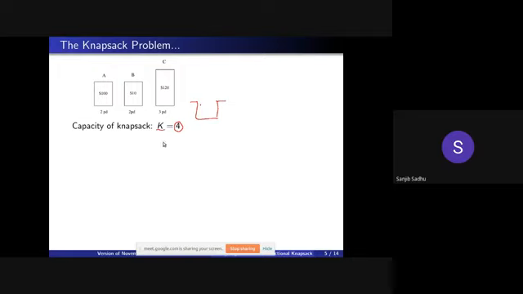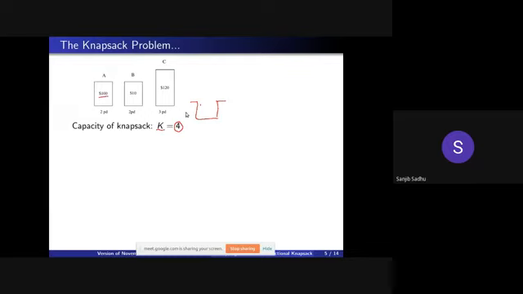Now what you have to do is fill up this knapsack using these objects so that you can profit as much as you can. That means your profit should be maximized. If you take 2 pounds of this, meaning complete object A, then you will gain a profit of $100. But if you take half of this object, you will get $50 profit.